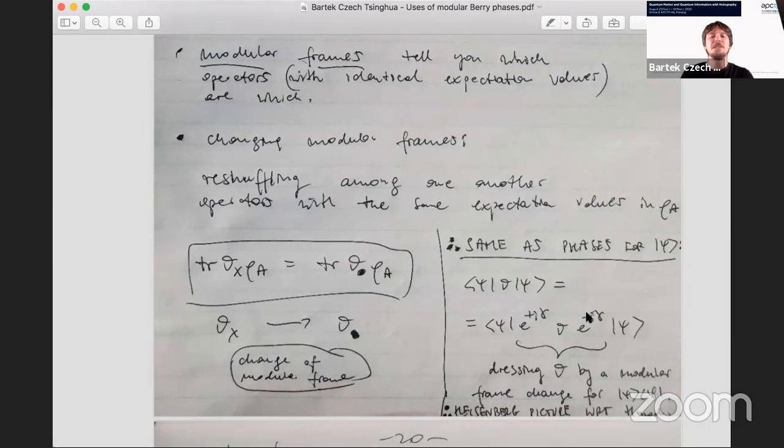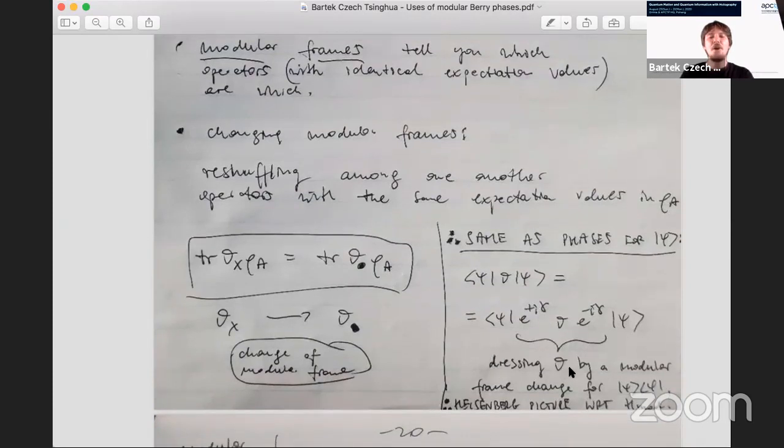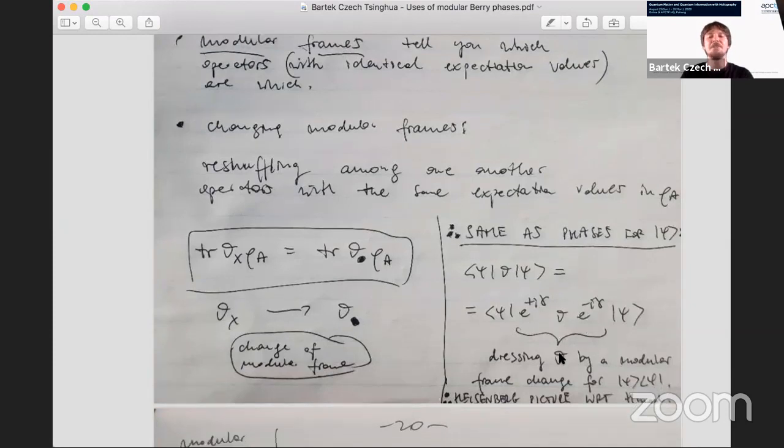Then that would mean that I dressed my O with e to the minus i gamma on one side and e to the plus i gamma on the other side. So dressing O by a modular frame change for psi gives a different operator from the previous one, okay? But it must have the same expectation values.